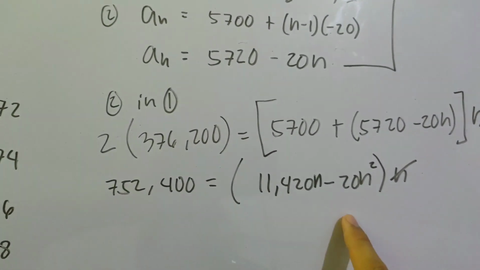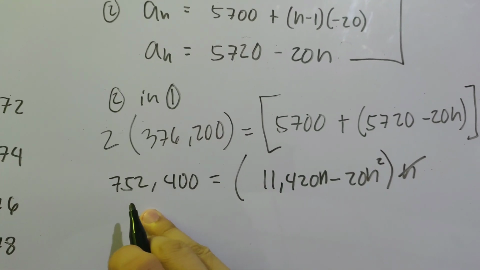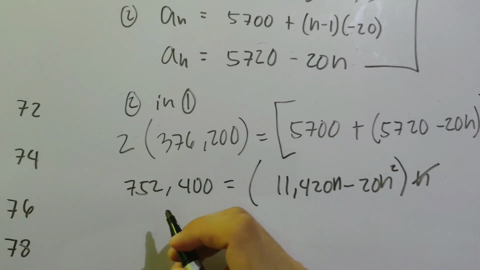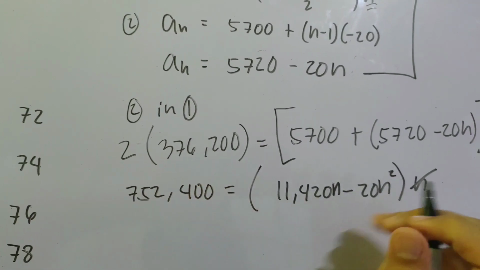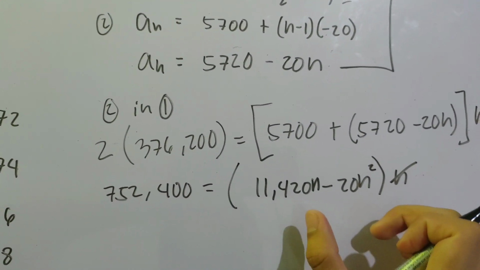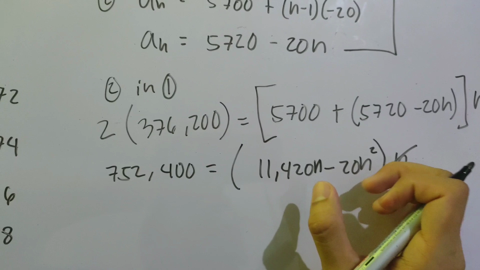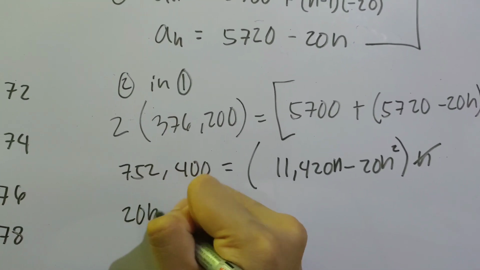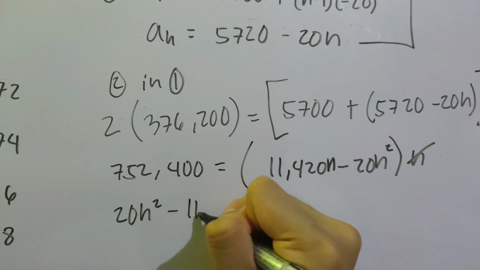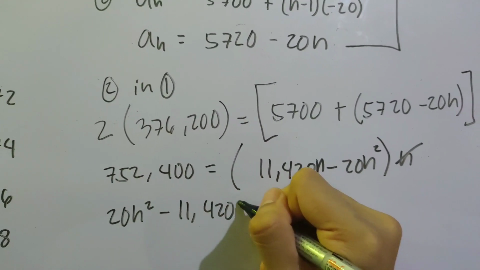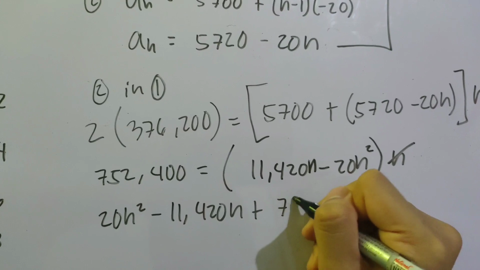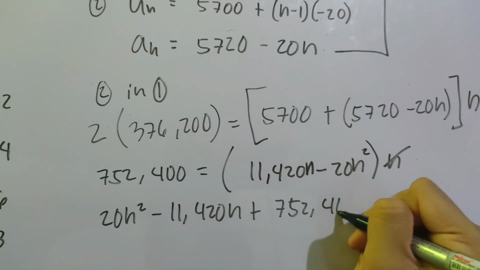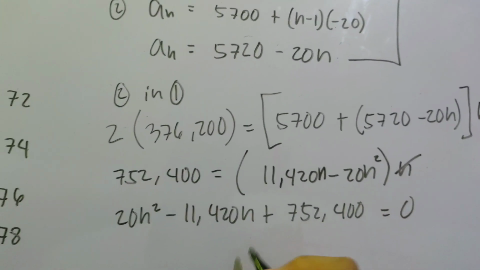Gawin nating standard form. Ilipat natin tong constant na to doon sa kabila. Para maging positive, ilipat natin lahat from this side papunta dito. So magiging positive 20n squared minus 11,420n plus 752,400 is equal to 0.